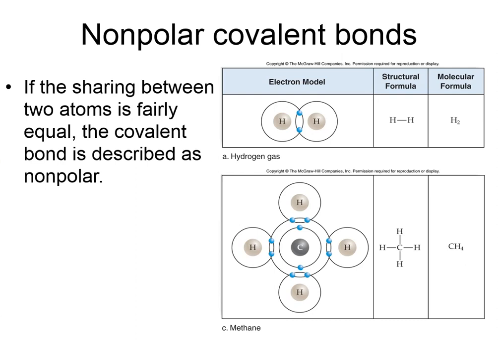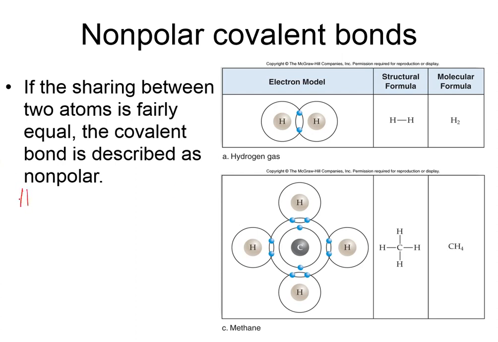All right, now let's think about these atoms. A covalent compound forms by sharing of electrons. So let's take hydrogen and hydrogen.